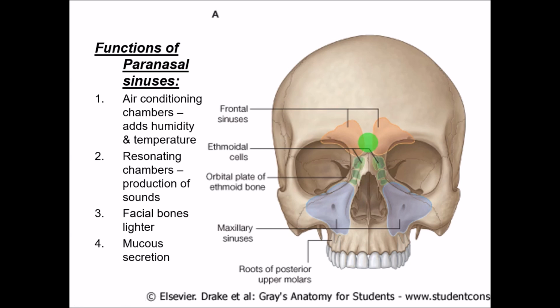Coming to the functions. What is the function of these paranasal air sinuses? Why are they present? The first and foremost is that they act as air conditioning chambers. Whenever we breathe in air, it is conditioned: humidity is added and the temperature is maintained.